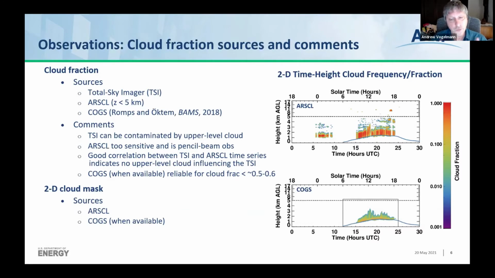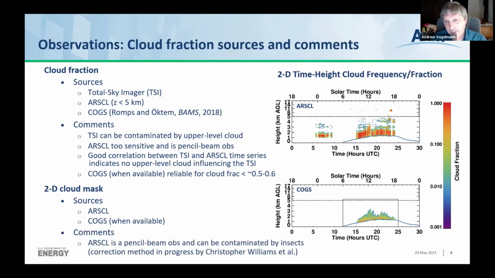Basically what you will find when you look across the spectrum of cases, there are many cases where RSCL and COGS are frankly just spot on. However, if they differ, RSCL tends to be deeper. And the reason that it's deeper is because it's susceptible to insect returns. And there are some cases where you will find that RSCL is substantially thicker than what we get from COGS.